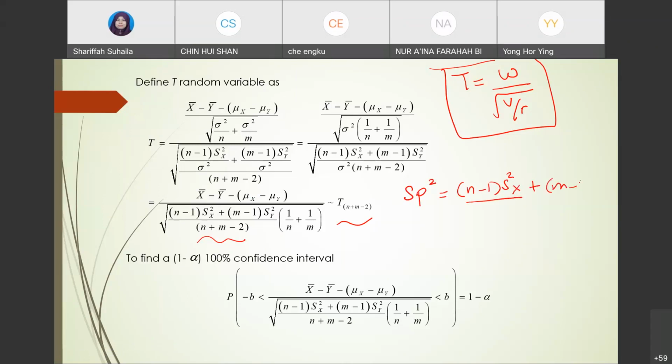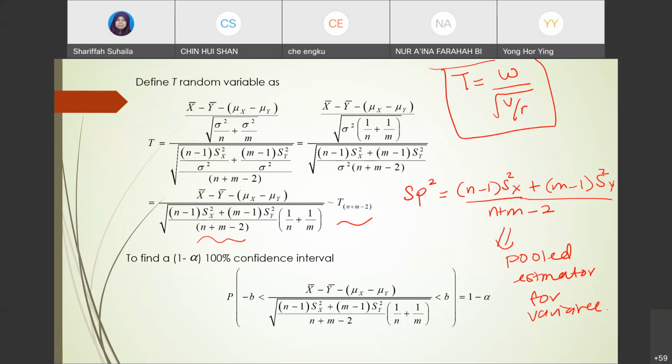Okay, so the S square Y and then you will have n plus m minus 2. So this is what we call as pool estimator for variance. Okay, pool estimator. So pool estimator we only use when you have the assumption both population variance are equal.